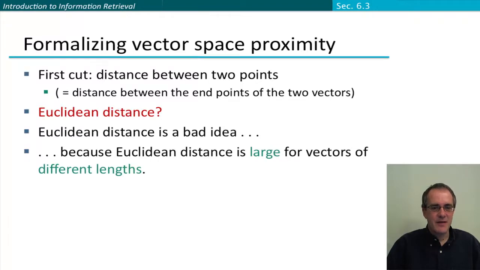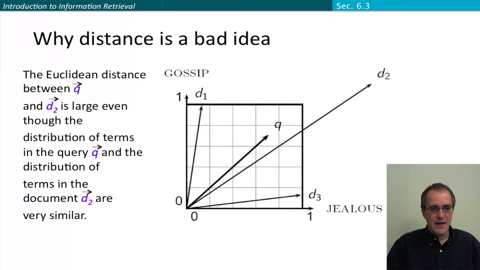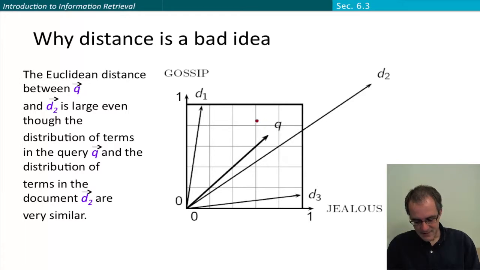Let me explain what I mean by that. Let's suppose here is our vector space. Well, what we're finding is the distance between here and here is large. In particular, it's larger than either the distance here or the distance there.